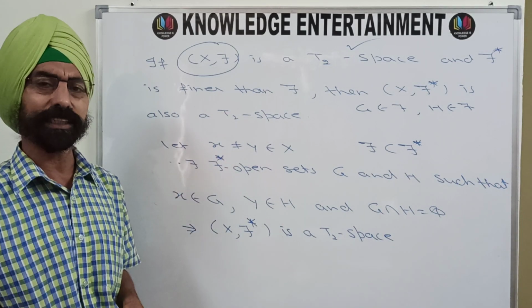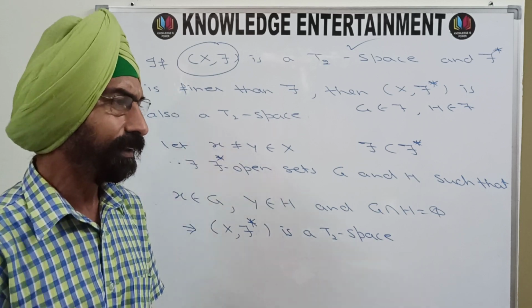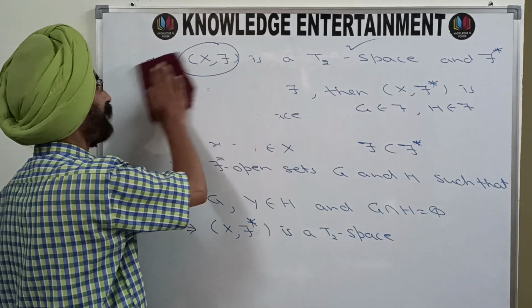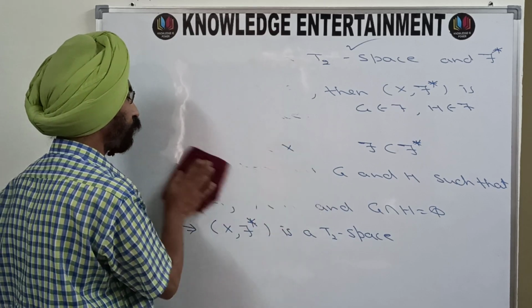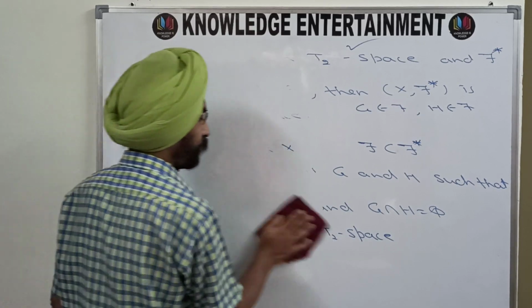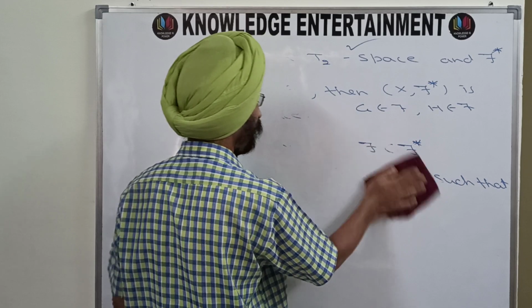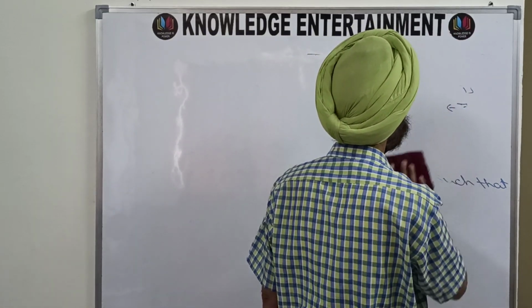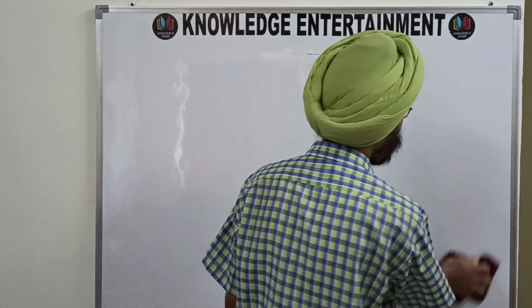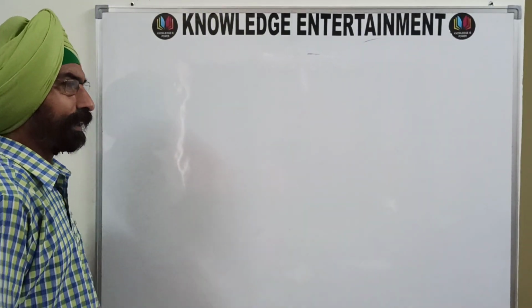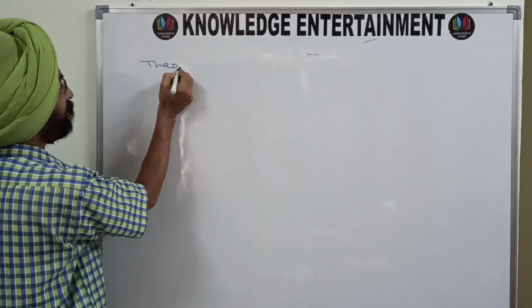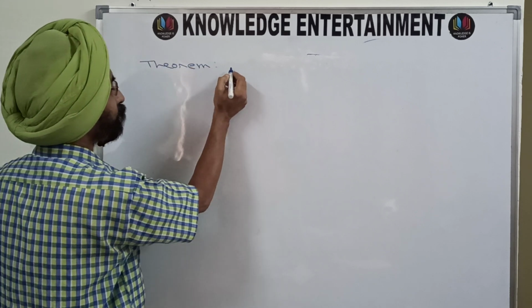So this was a very easy theorem, and I'll take one more easy example, and then we'll move on to the next video. I'll stop this video after this one more example. So let us see the next example we are going to do. You can say theorem, property, or example.